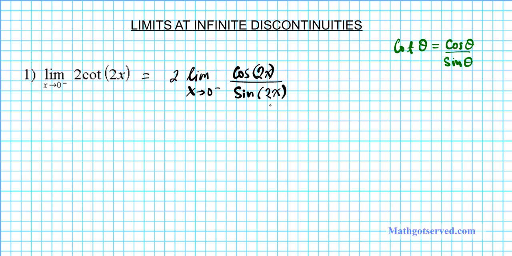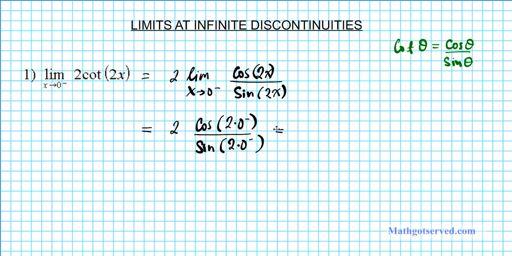Now we're going to evaluate this limit by substitution. So we'll have 2. Now we're going to plug in 0 from the left direction along the x-axis into the x's. We'll have cosine 2 times 0 from the left over sine of 2 times 0 from the left.